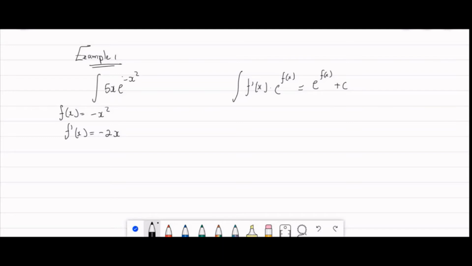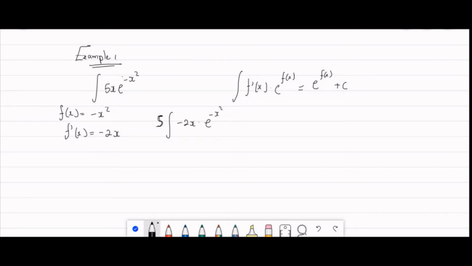So therefore, that means we can take 5 outside our integral and we'll be left with x. So if we take our 5 outside of the integral sign and say negative 2x multiplied by e to the power negative x squared.